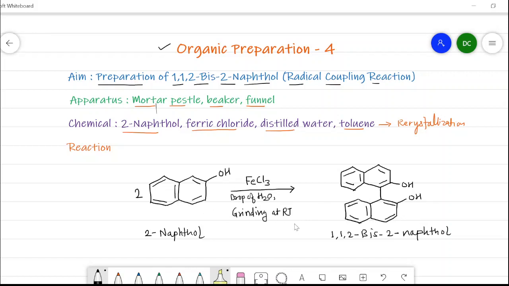Two molecules are joined together, and if you look carefully, the molecular weight of this compound and of two molecules of beta-naphthol differs by only 2, because the two hydrogens from this carbon and this carbon are lost during the coupling. Now we will see the mechanism of this preparation.